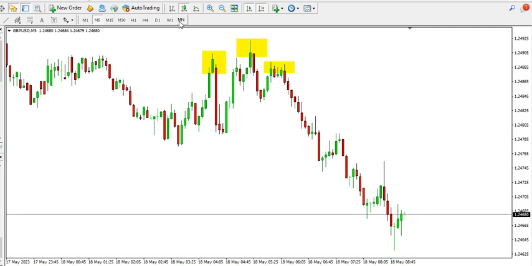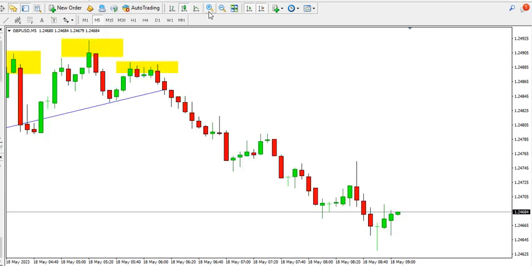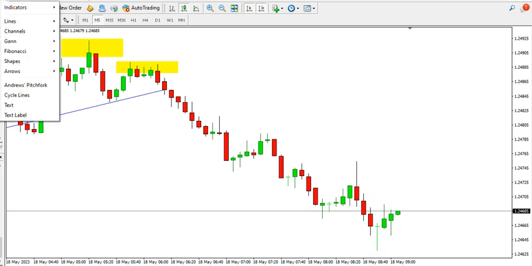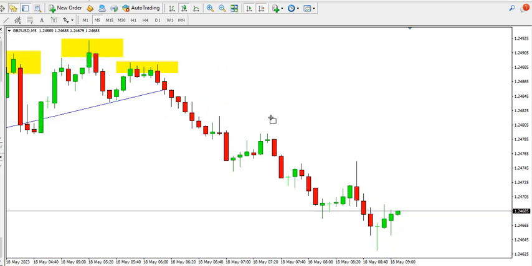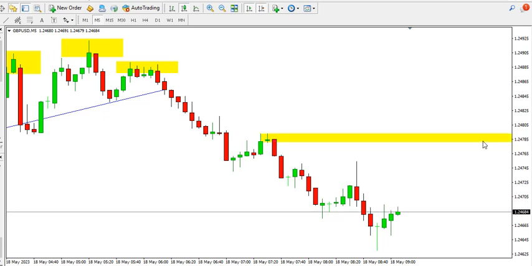On the break of the neckline of that pattern, you can see what happened. Price dropped, and as price dropped, we have other blocks, resistance blocks being created. This is another block that will serve as resistance to price.